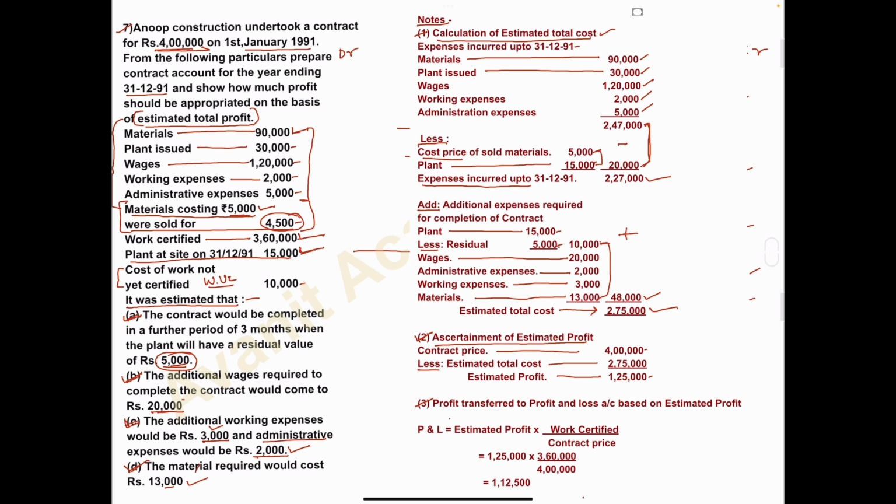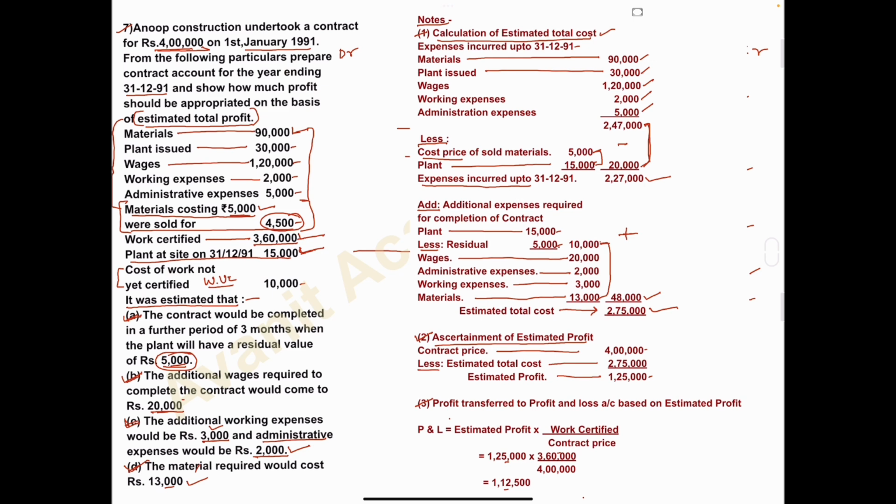So estimated profit is just now we have calculated, that is 1,25,000 into work certified. Work certified amount is, see in the problem, 3,60,000. So we'll take here divided by contract price. Contract price is 4 lakh. 1,25,000 into 3,60,000 divided by 4 lakh. And you will get 1,12,500. So this amount is transferred to profit and loss account.